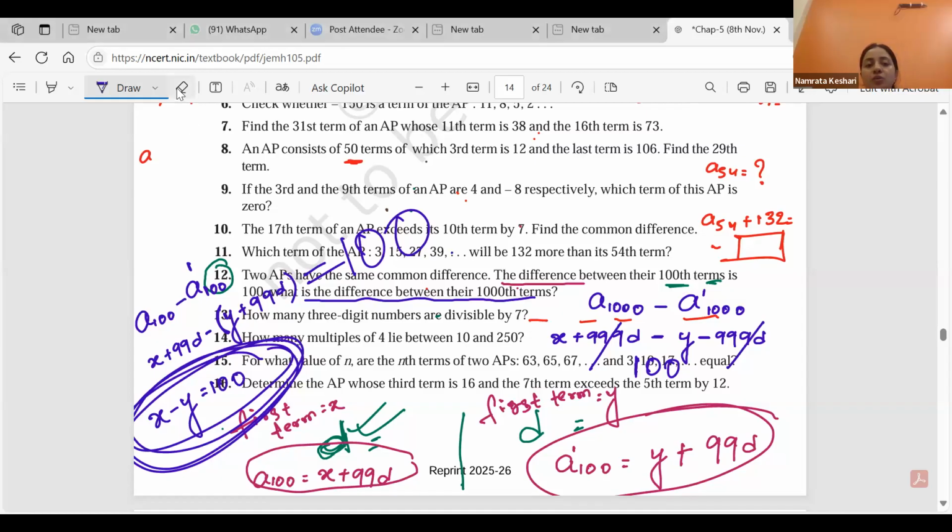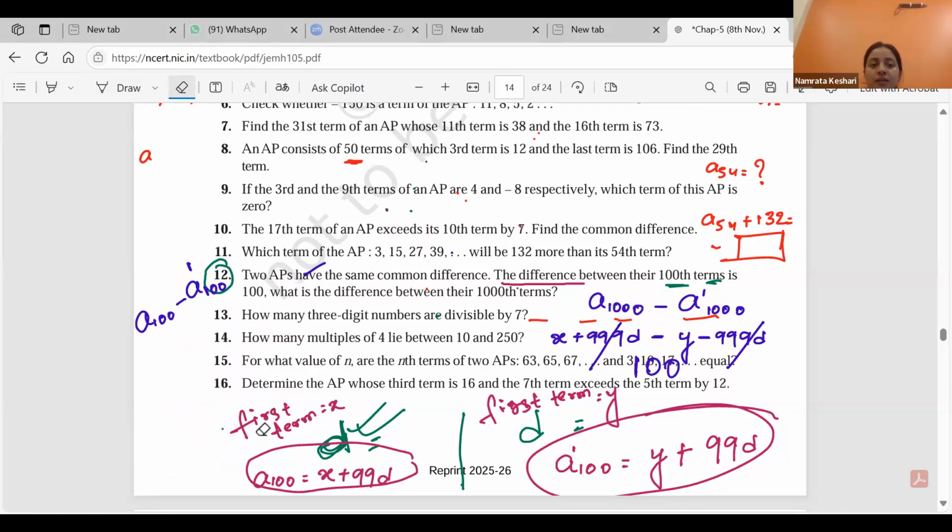Anyone having any doubt over here? Anyone? Any doubt? Inan, is it clear? Yes, ma'am. Tara, is it clear? Yes, ma'am. Bharti, is it clear? Yes, miss. Amia, is it clear?